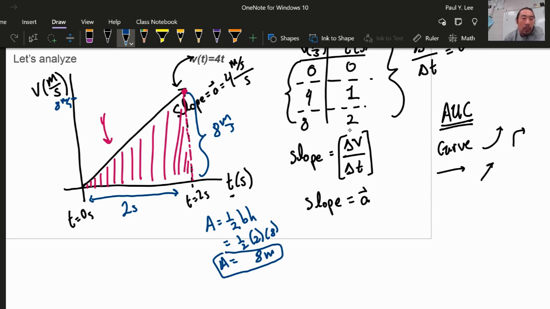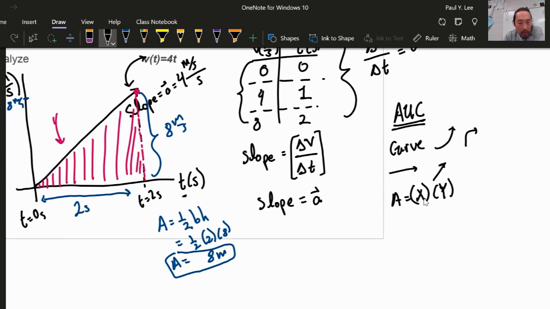So for area, what we did is we multiplied the base, which is the x-axis, times the height, which is the y-axis. So if the formula for area is always going to be base times height, what we are going to do now, just like what we did with the slope formula, is reinsert our variables for the x and the y-axis.